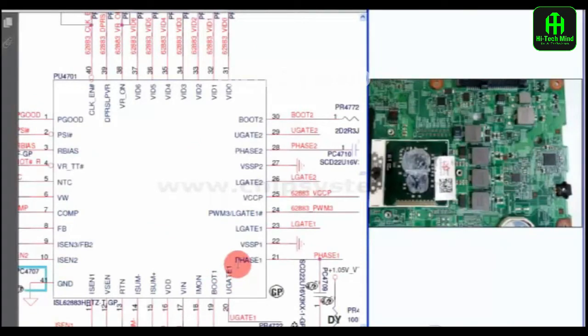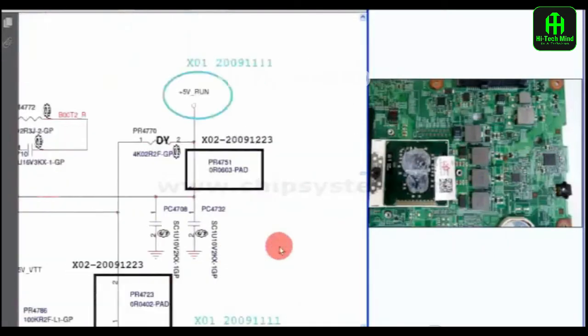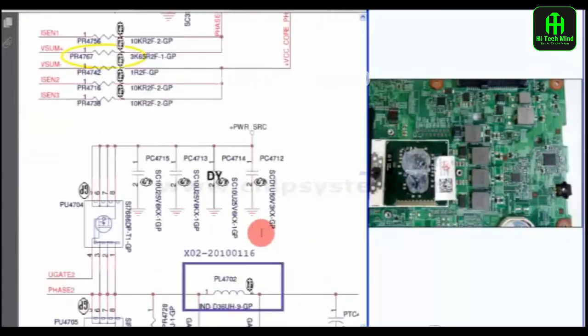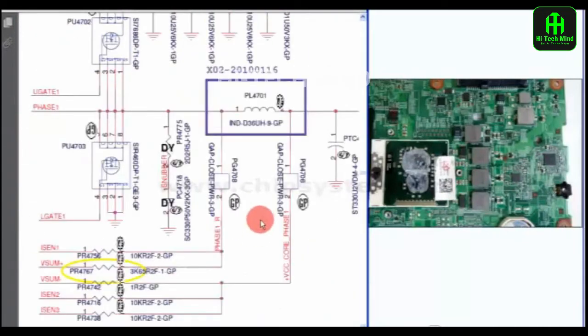Next, see the pin number 21 that mentioned phase 1, that means inductor connection. This is the inductor. See this schematics. This is the inductor PL4701 mentioned phase 1, that is the output voltage coil.